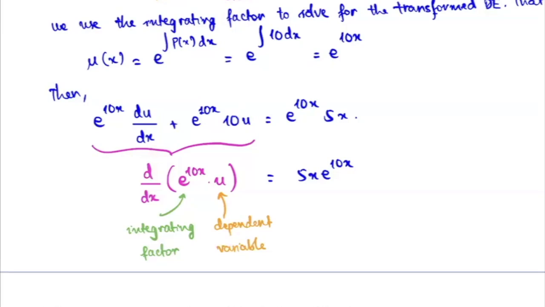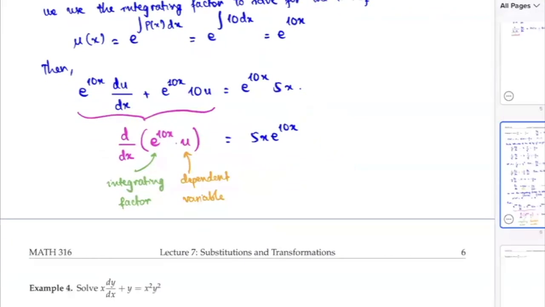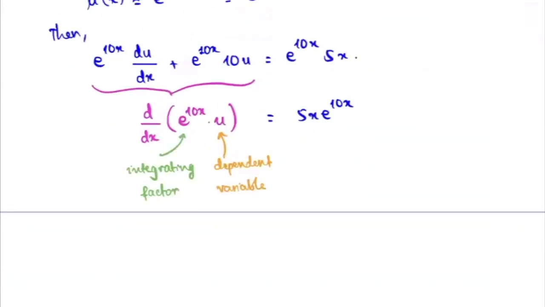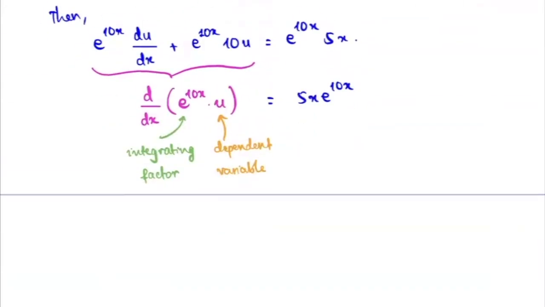Now the next step is to integrate both sides of this equation. You get e to the 10x times u. So you integrate both sides of the equation with respect to x. So let me clear that out.